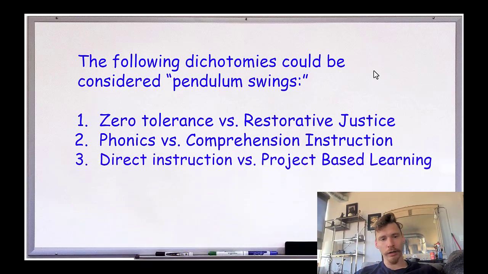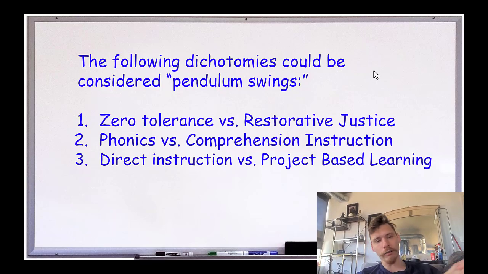And then another one that you might come across in education is direct instruction versus project-based learning. So do we as teachers model for the kids what to learn and then have them practice it and then master based on independent practice? Or do we kind of let the kids figure things out for themselves through project-based learning?